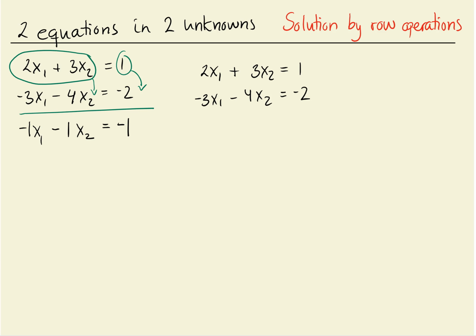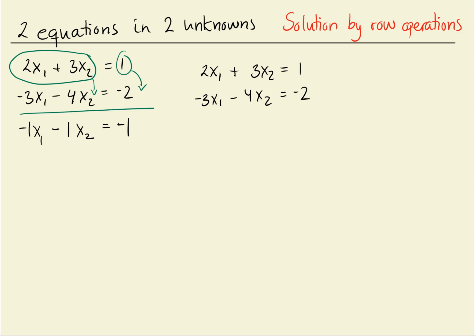Here I have the same two equations, and the clever way to do this row operation is to multiply the first equation by some well-chosen number, so that when I add this equation to the second equation, I will eliminate the first unknown in the equation. Now this may sound a little abstract, so let's just try to do it.